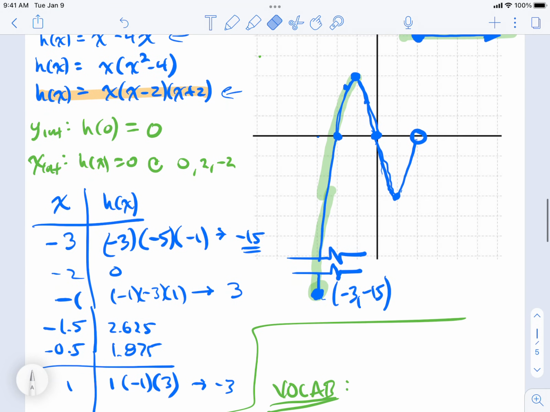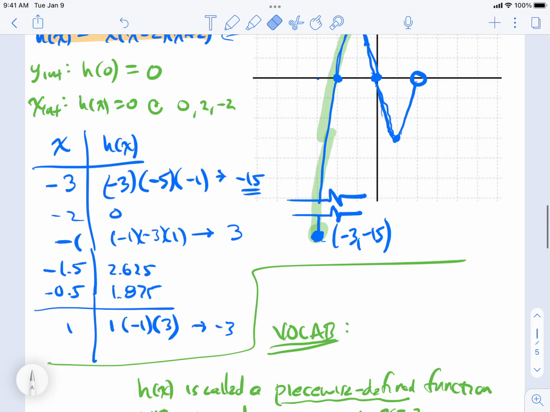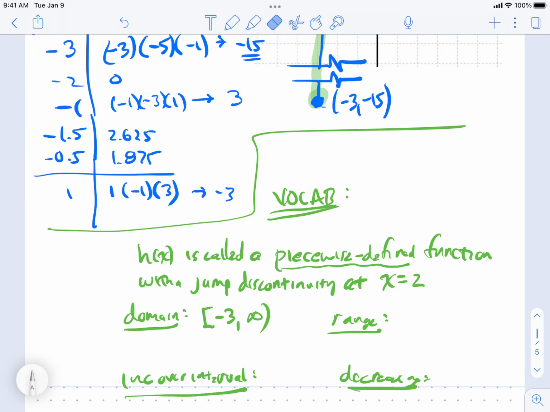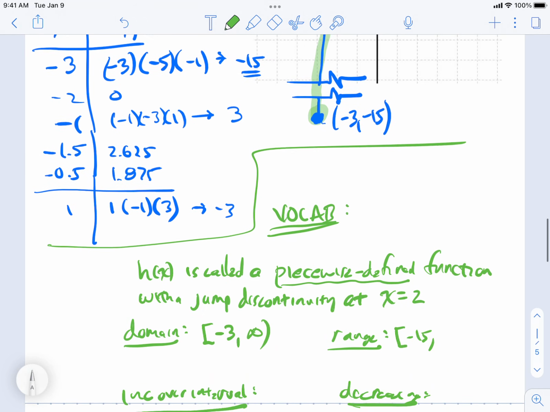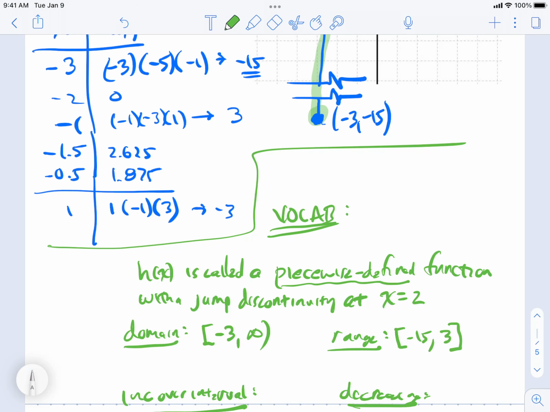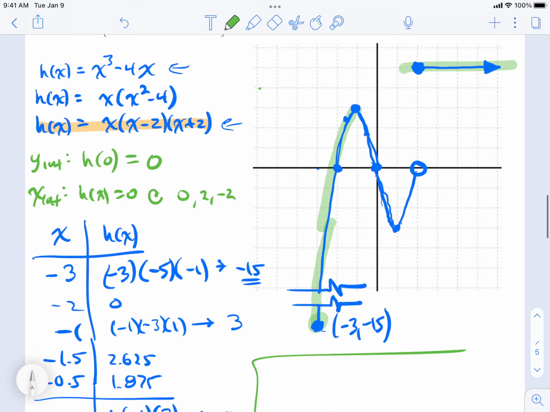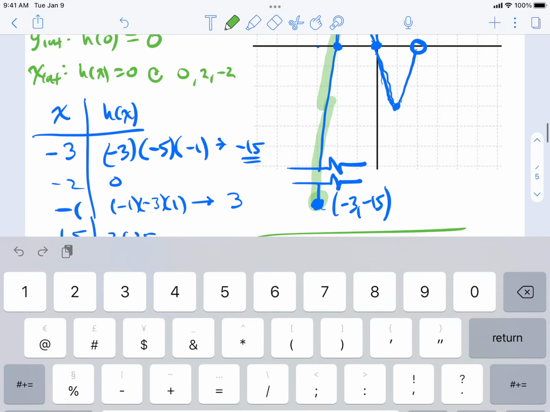So for the range, you'd have to say y can start at negative 15, square bracket, negative 15. It can climb up to 3, including 3, so you end that interval. And then you have to add this one value, 5. How do you add one value?